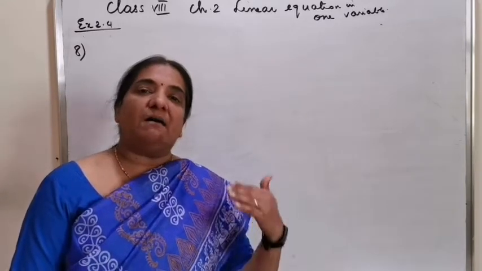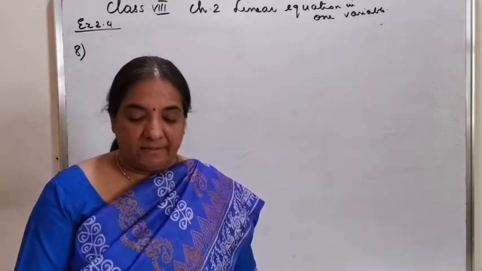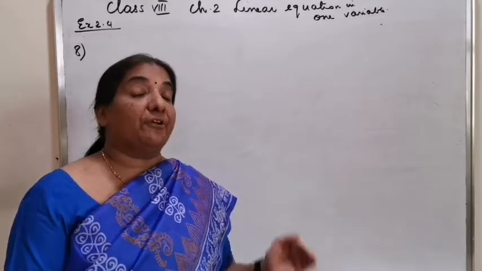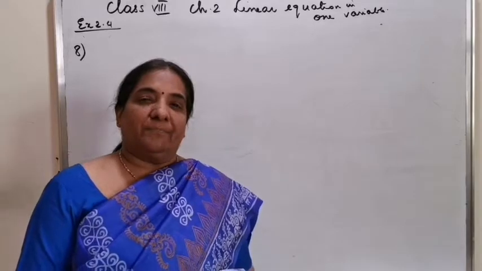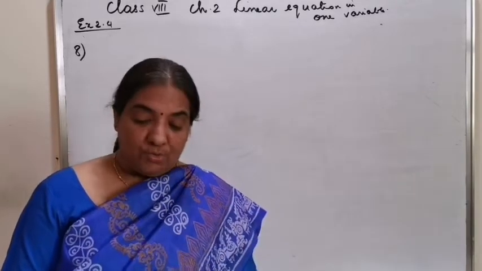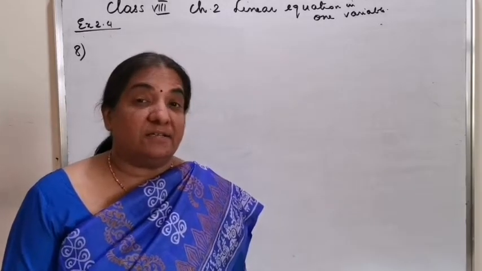Again, half of the herd, that means half of x. And if you listen to the next part, 3/4 of the remaining, underline the word remaining. So 3/4 of what is remaining from those who are grazing in the field, they have asked.